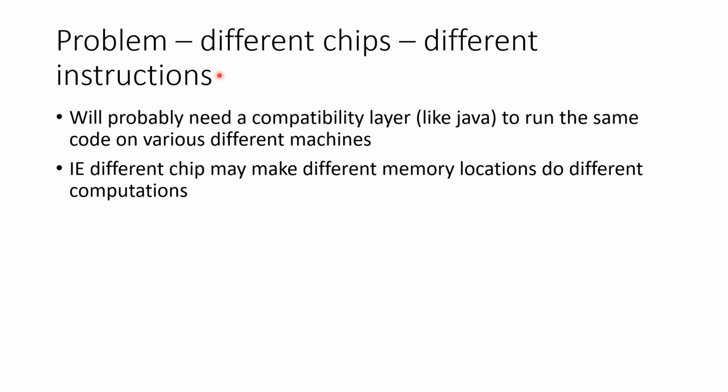A problem that you can see is that different chips would need different instructions, because one manufacturer might put address 01 as the bit shift operation, and another manufacturer might say address 01 is a zero register where everything's zero. So you will probably need something like a compatibility layer before you compile.